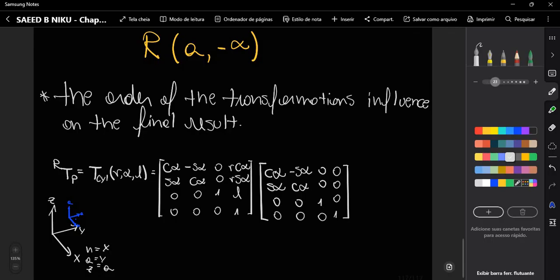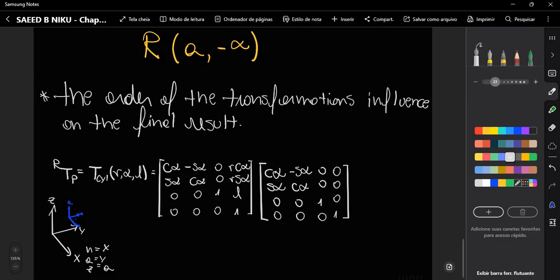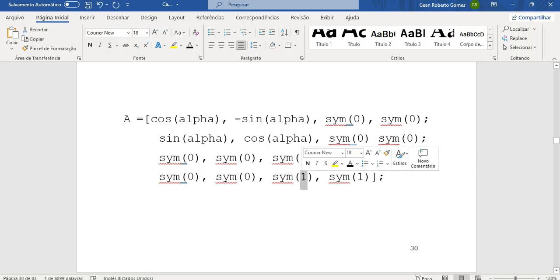Let's check. Right here is 1, right here is 0, and right here is 1, right here is 0. Now let's pass this as t.